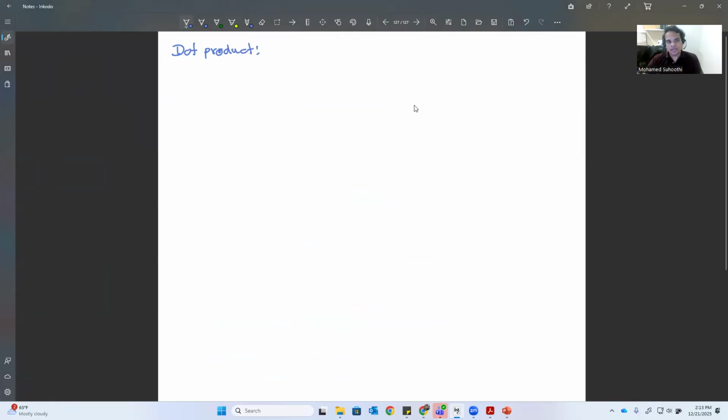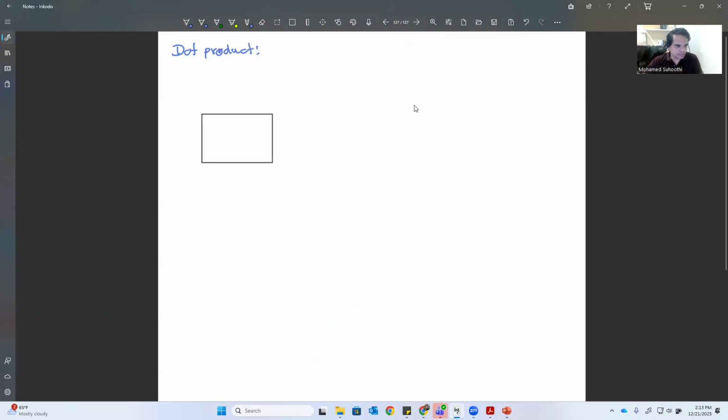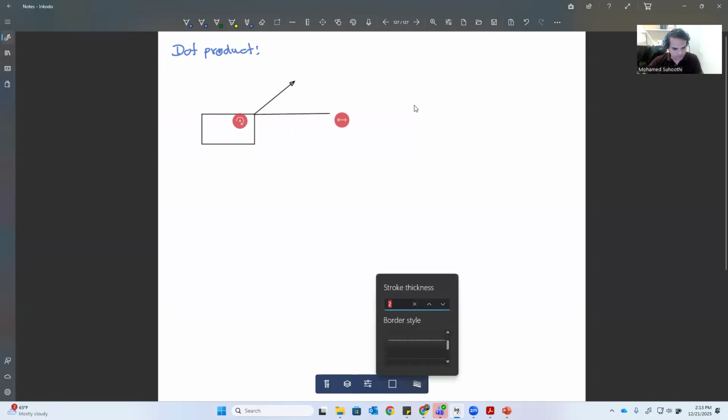Let's consider one scenario. Let's take one box here. I apply the force this way. Then, with respect to this horizontal plane, let me extend this line, this is a hidden line.